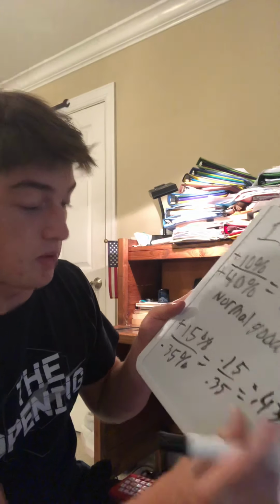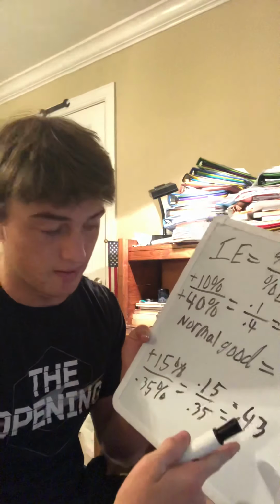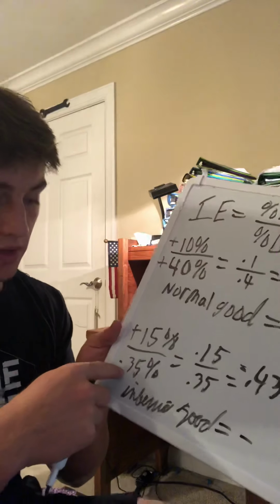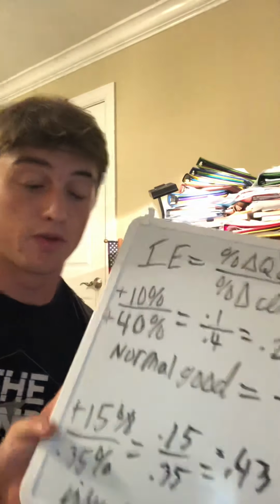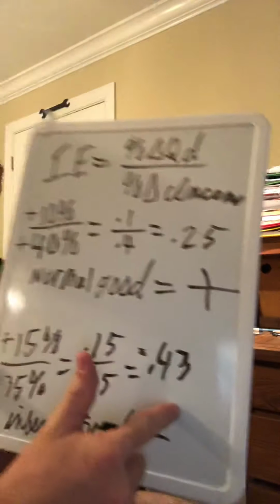Now, what do you think this is if it's negative? You guessed it, it's an inferior good. It is an inferior good anytime they're moving in opposite directions or the equation becomes negative. Since they're moving negative 35% and positive 15% in quantity demanded, you can already tell it's inferior just from the way they're moving. But the equation tells you when you know it's a negative 0.43. This is all just calculating how much the income is shifting. So that is the two conclusions you can draw.